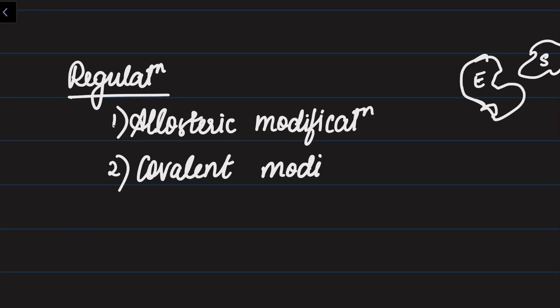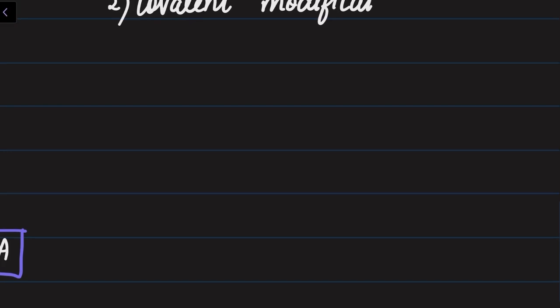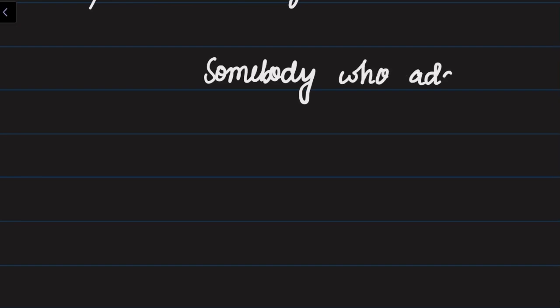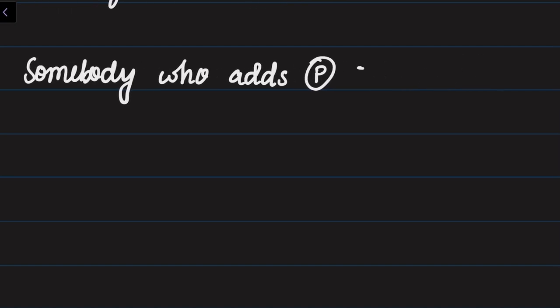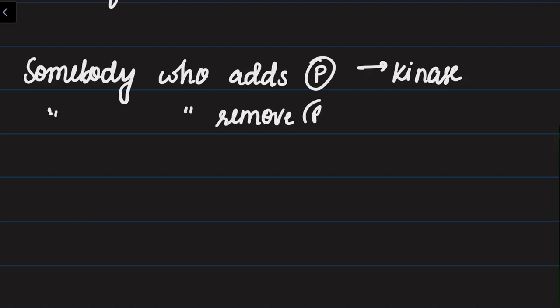People get scared of covalent modification, but let me tell you, it's very simple. Somebody who adds a phosphate group, what would you call them? You would call it a kinase. Somebody who removes phosphate is a phosphorylase.